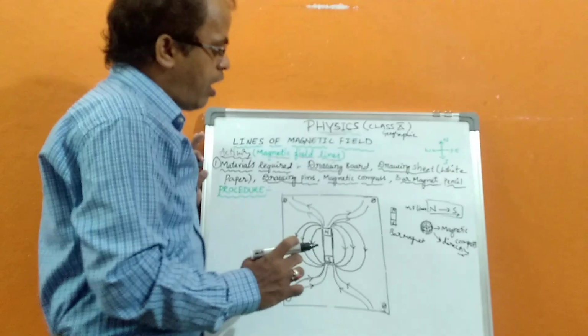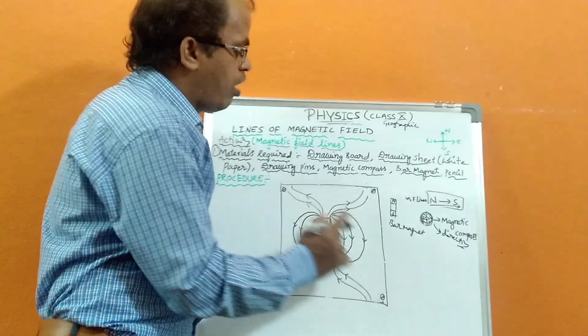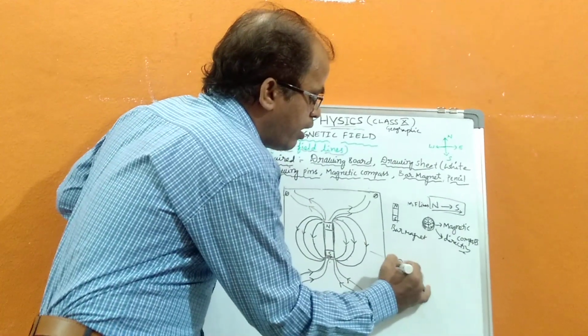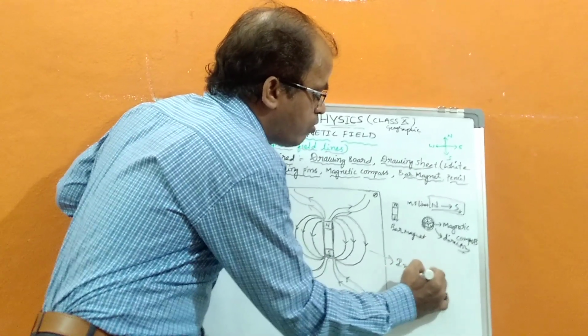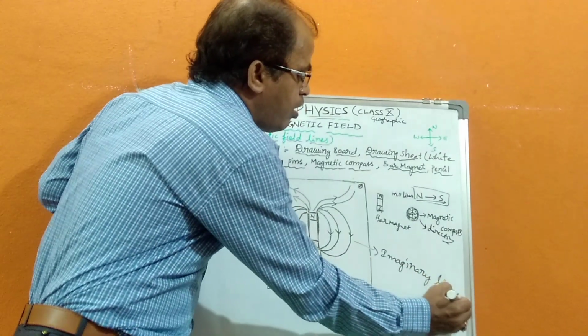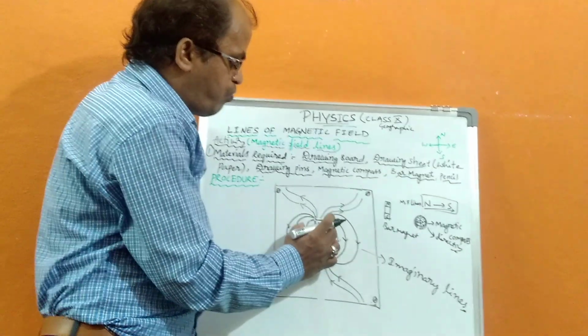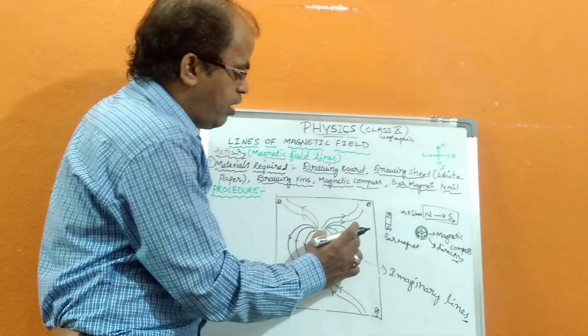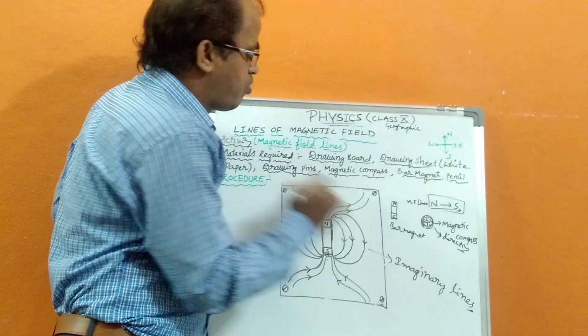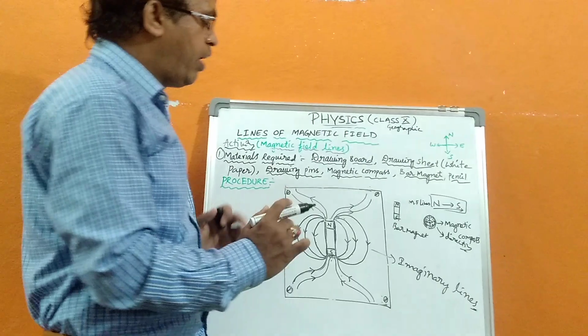And these magnetic field lines are imaginary lines, not exactly real. The imaginary lines which are drawn from the magnetic field are the magnetic field lines or lines of magnetic field.